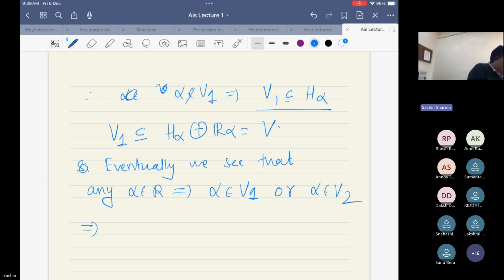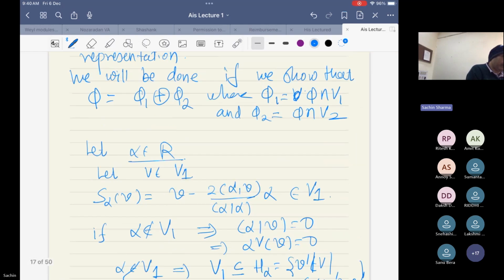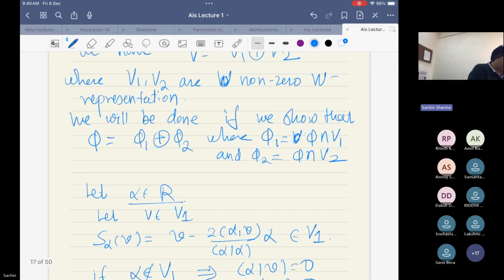So you manage to partition Phi into the disjoint union of Phi1 and Phi2. I should say disjoint union, as direct sum doesn't make sense here.